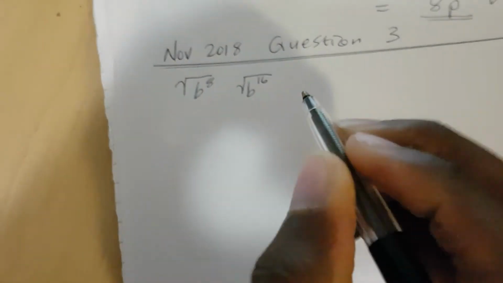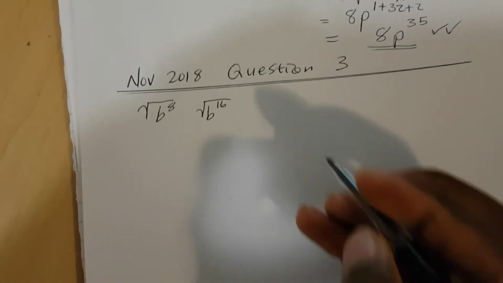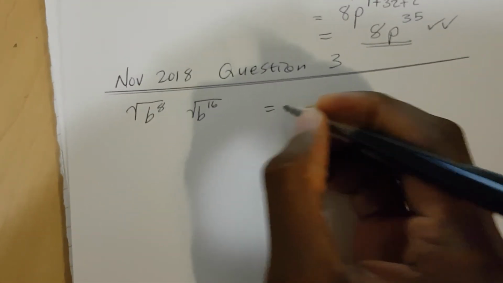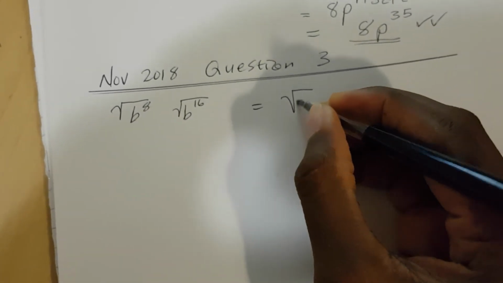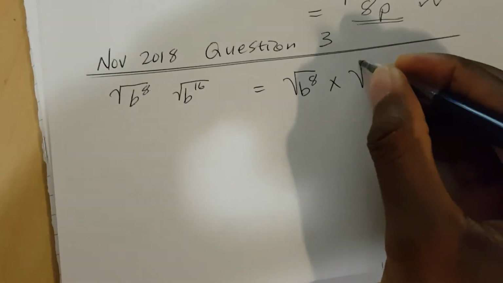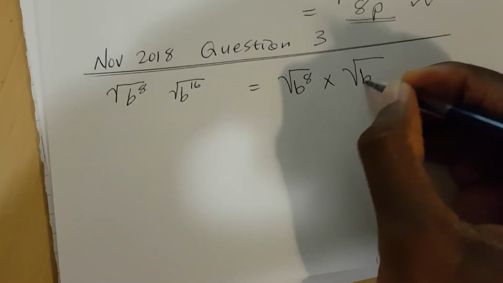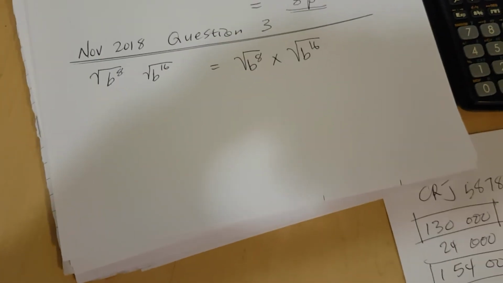We don't have a number inside the square root, we only have exponents. So we're going to say the square root of b to the power of 8 times the square root of b to the power of 16. This is how we're going to do it.